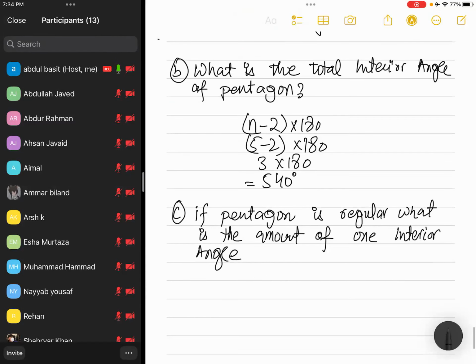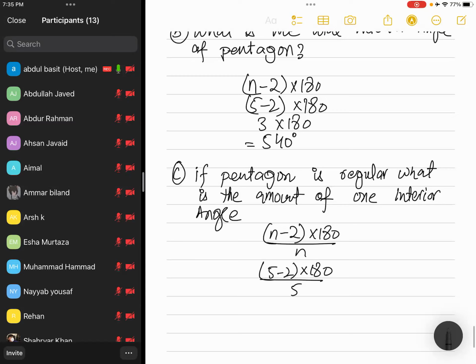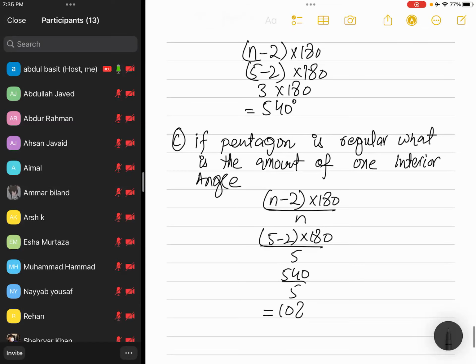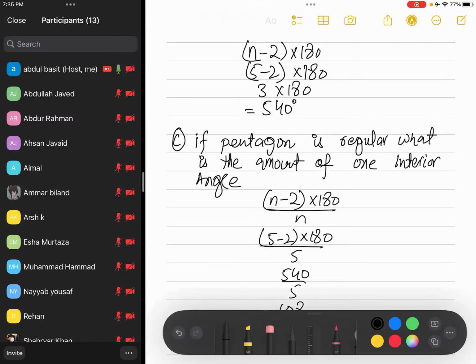So the formula will be the same as the total, but we have to divide by n now as well. So that would be (5 minus 2) times 180 divided by 5. (5 minus 2) times 180 is 540. 540 divided by 5 is what? 108. Okay, now listen to me, everybody.